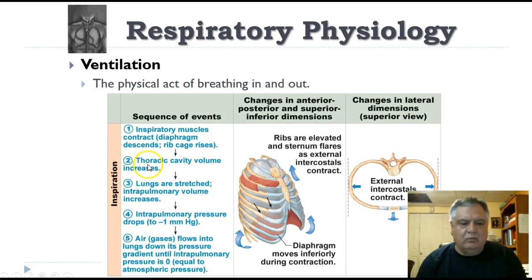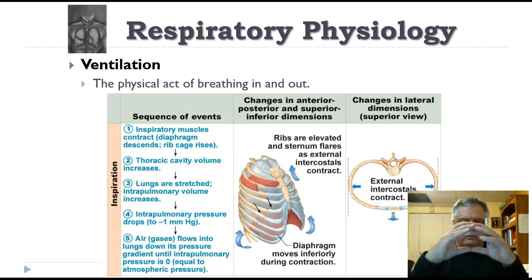And as that thoracic cavity volume increases, it's going to pull on the lungs, and I'll show you how that works in just a bit. It's going to pull on the lungs, and it's going to stretch the lungs out. That's going to increase the internal volume of the lungs, of each of the individual alveoli.